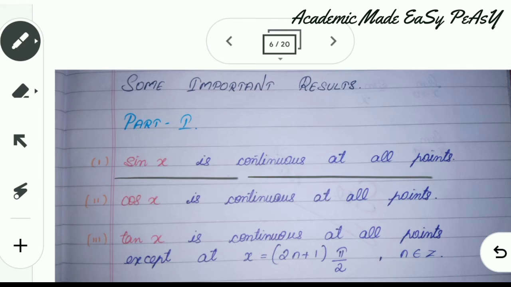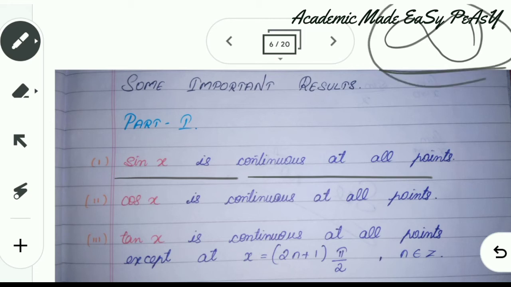For the trigonometric sums, wherever the function sin x or cos x or tan x, whatever it is, is not defined or infinity, then we say that the function is not continuous. At this point of infinity or not defined, the function is said to be discontinuous.